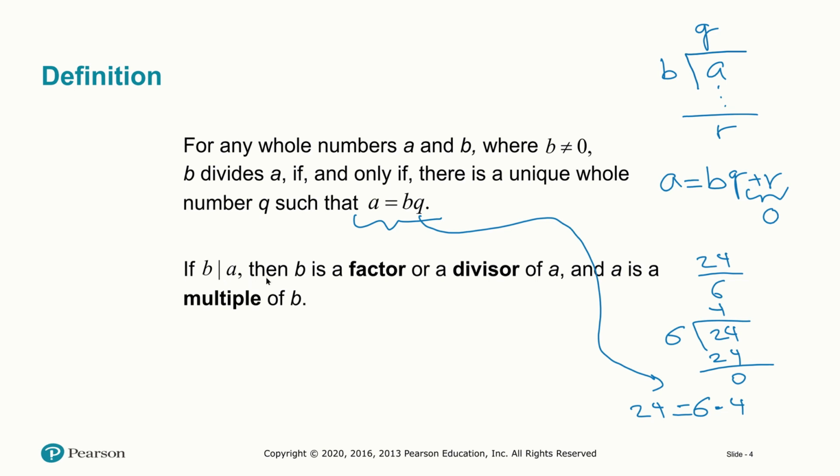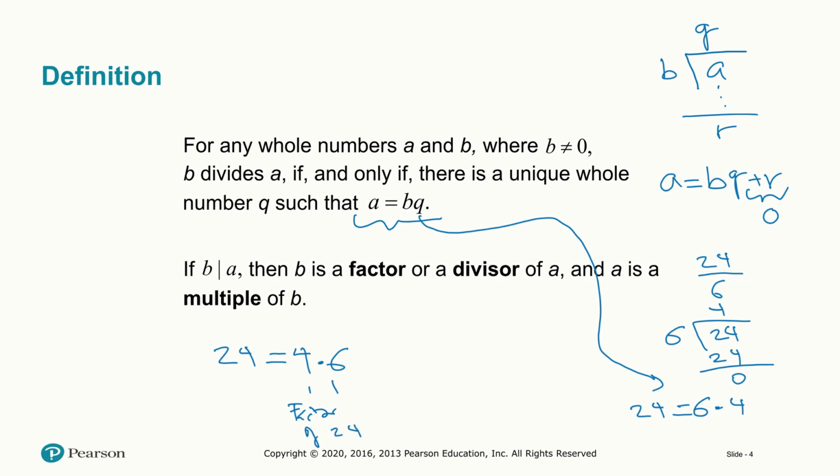If b divides a, then b is a factor or a divisor of a, and a is a multiple of b. So, for example, when we write 24 equals 4 times 6 or 6 times 4, each of these is called a factor of 24.